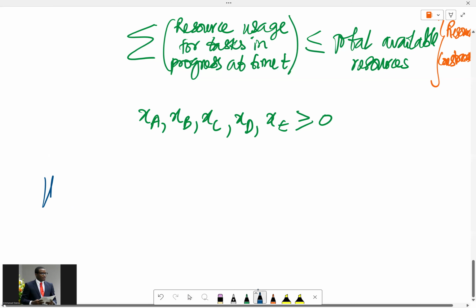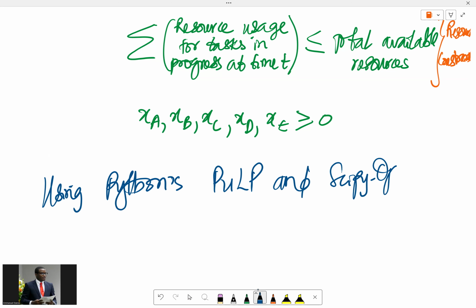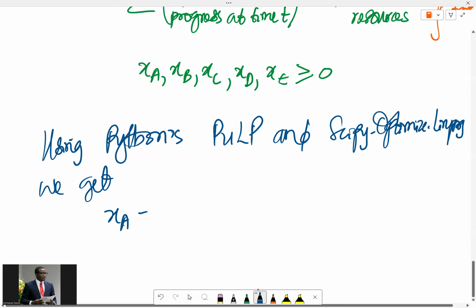So using Python's pulp and scipy.optimize's linprog, we get XA, the start time for the first task, is 0 days.